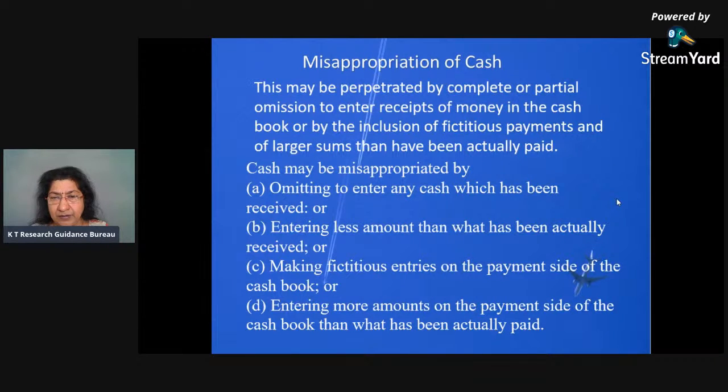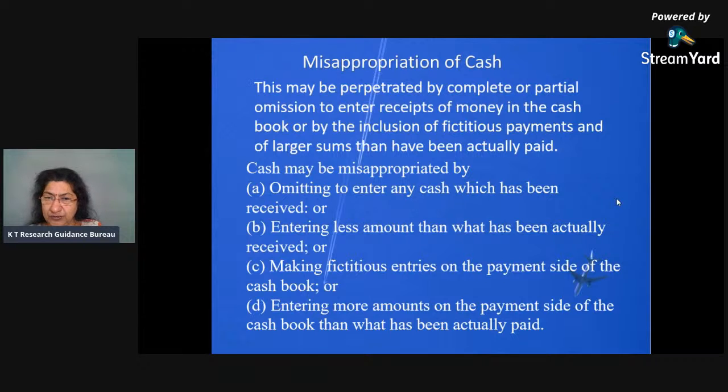And suppose the company paid only 1 lakh rupees as rent and he highlighted it as 1,25,000 rupees. Then this 25,000 rupees he can mug up. So the actual expenditure is less and he highlighted more.